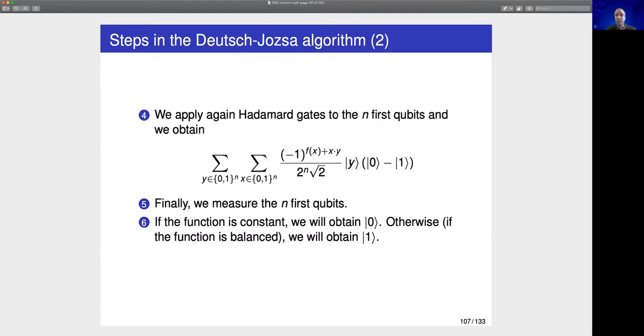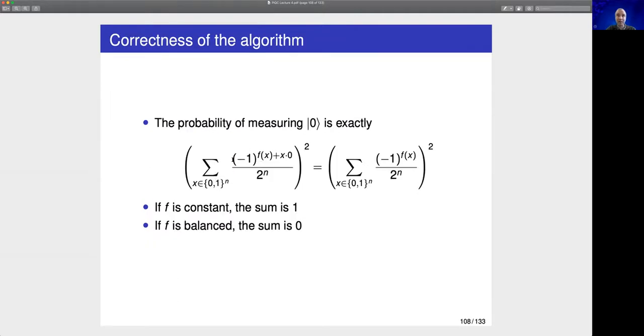So we can substitute 0 here, and we see that we have this coefficient with y equal to 0, and then we square that. But since y is 0, this factor reduces to 0, and we have this sum squared, which only depends on f and on its values on all the possible strings x that we have evaluated.